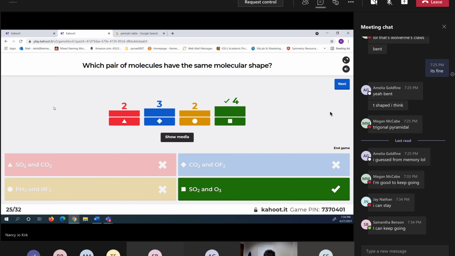I'm not going to draw these out, but I'll just tell you some hints. Over here in the red, we have sulfur dioxide. Sulfur is in the same group as oxygen. When oxygen is bonded to 2 things like hydrogen, what's the shape of water?